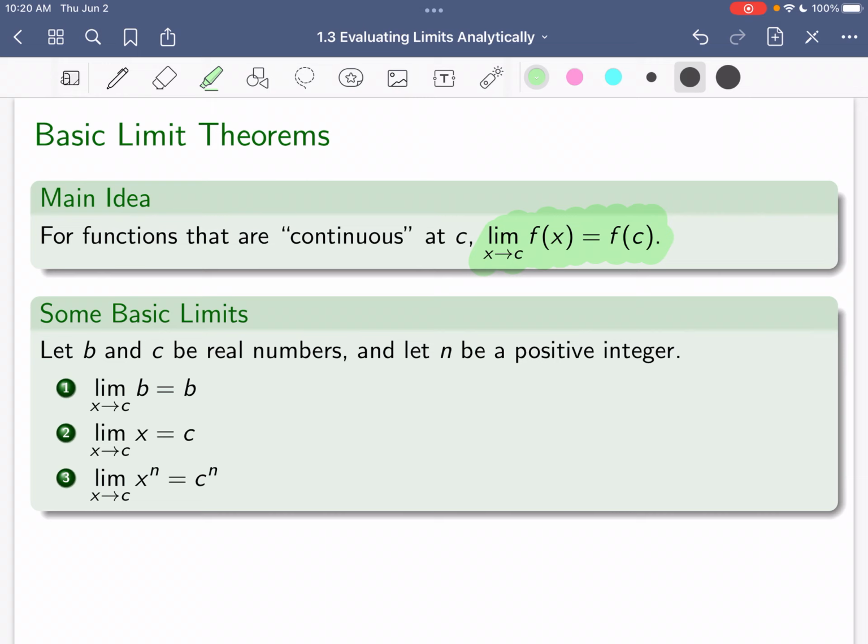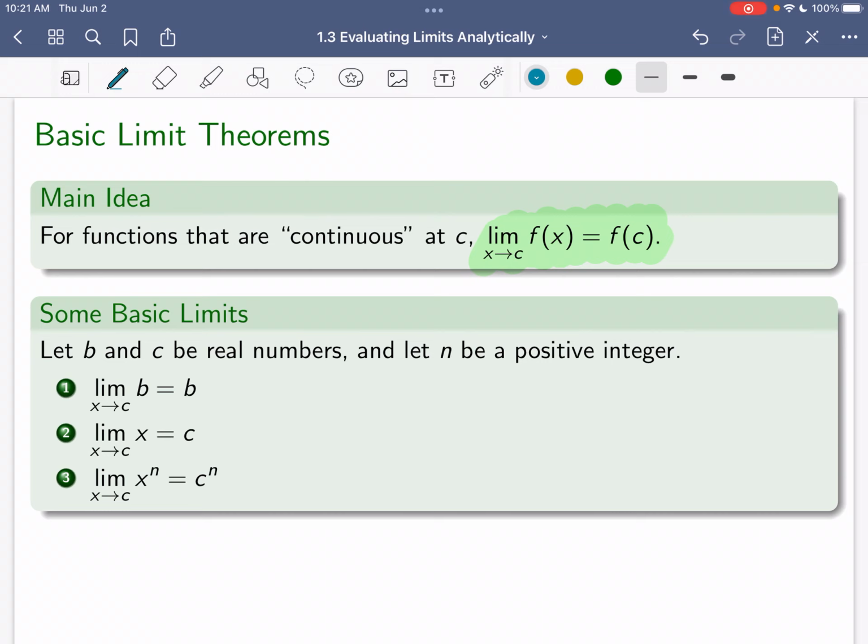Basically what this is telling us is if we have a continuous function at c, when we are evaluating that limit, we can just plug in the value c into the function, and that will give us the value of that limit. Now this is built on a variety of things, and so we will look at these.